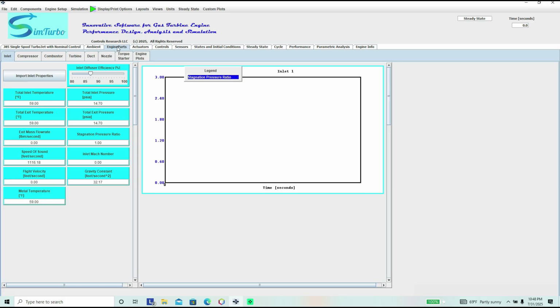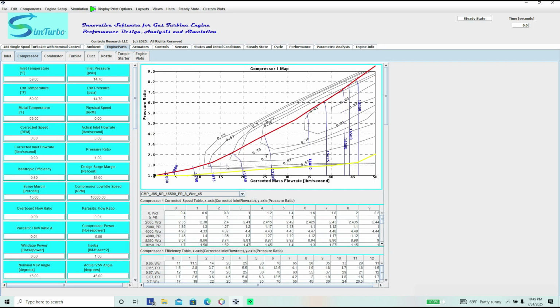We have the various engine parts, the inlet, and we have the different parameters of the inlet, which we'll see updating in time here. We have a graph, and this graph will show the stagnation pressure ratio of the inlet as a function of time. We have a compressor map, and you can see it's the standard compressor map where we have a surge line in red, a choked flow line here, then we have constant speed lines.